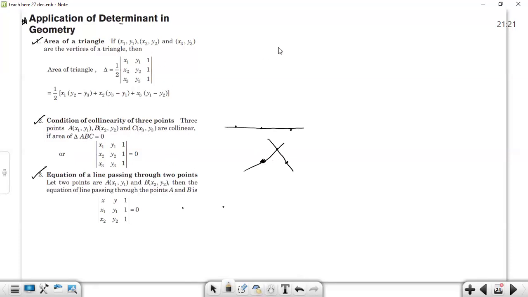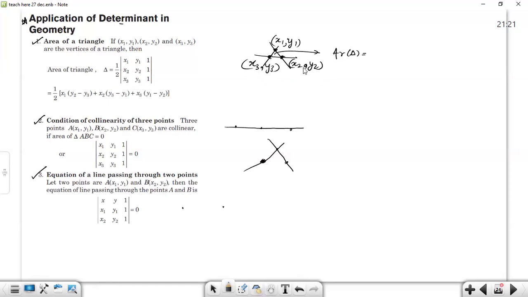So we know that any triangle has 3 vertices. Let's say they are given as x1, y1, x2, y2, x3, y3. These are the vertices of the triangle. Now we have to find out the area of the triangle.